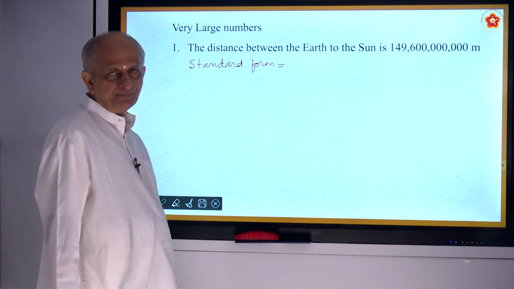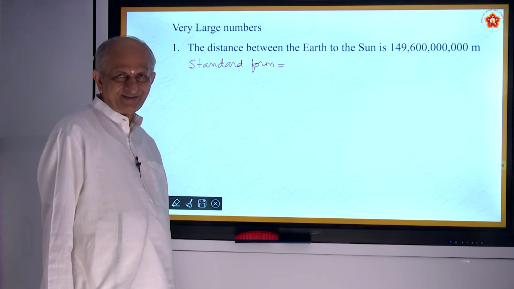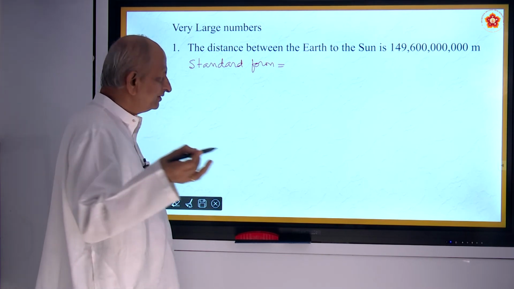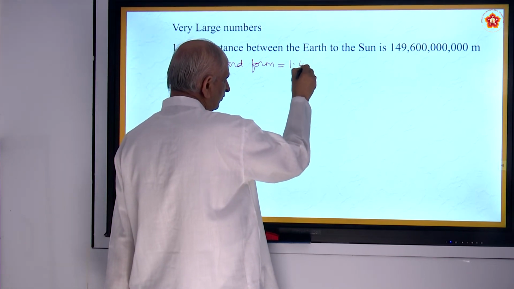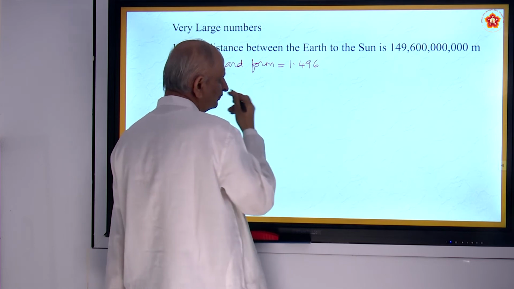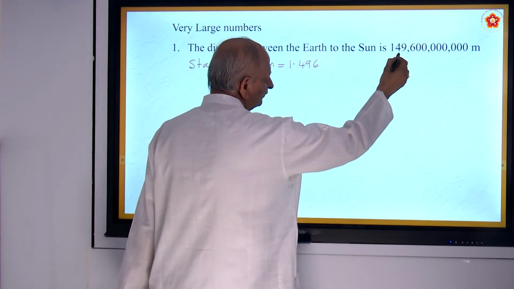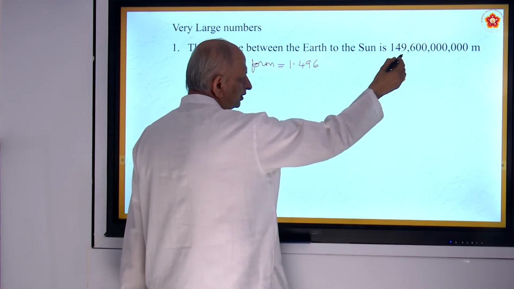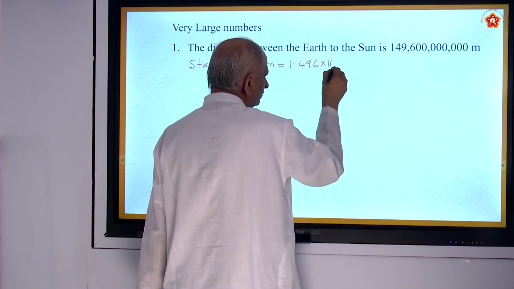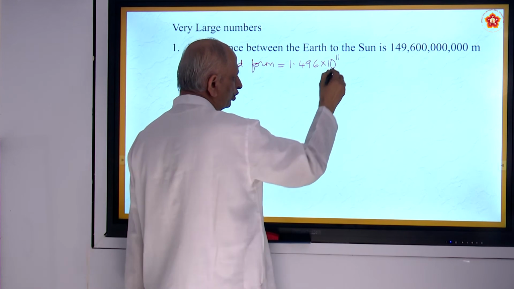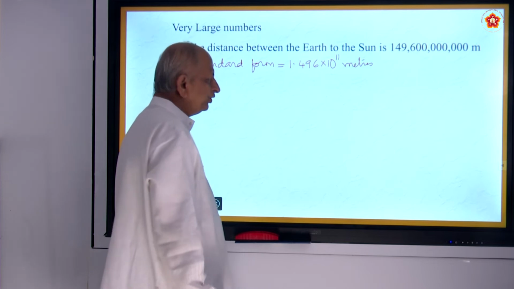What do you mean by standard form? It should be between 1 and 10, okay, and then powers of 10. So here, between 1 and 10, it means 1.496, correct. So that will be 3 here, 5, 8, 11, 10 to the power of 11 meters. That is a standard unit.